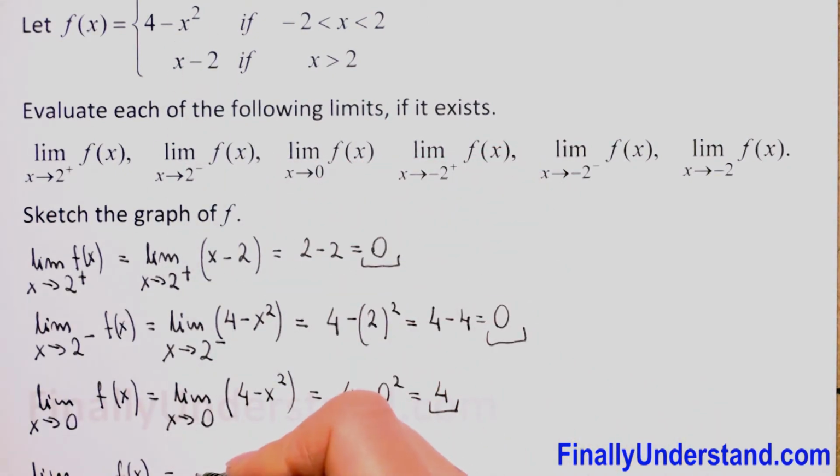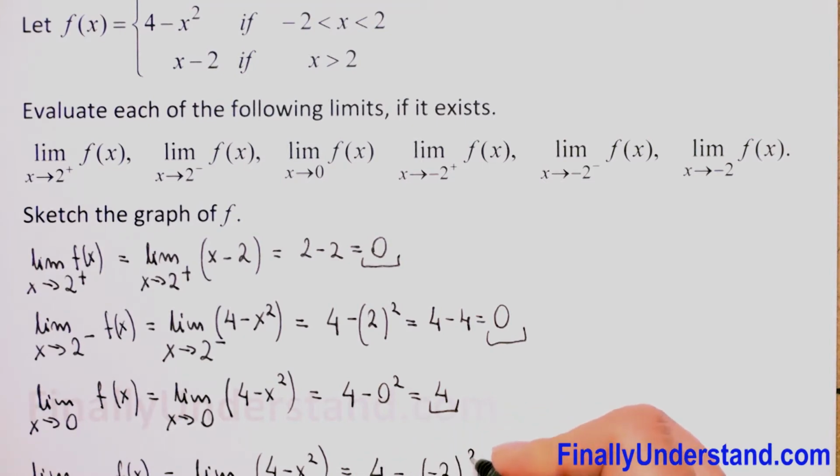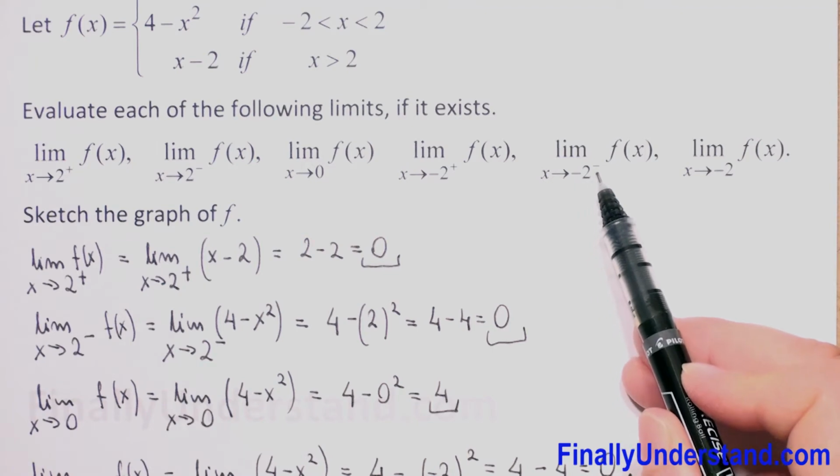So we can just put for f(x) the limit as x approaches negative 2 from the right of 4 minus x squared. Because again I have subtraction and power, I can replace x by negative 2, so we have 4 minus negative 2 to the second power. Negative 2 squared is 4, so this is equal to 0.